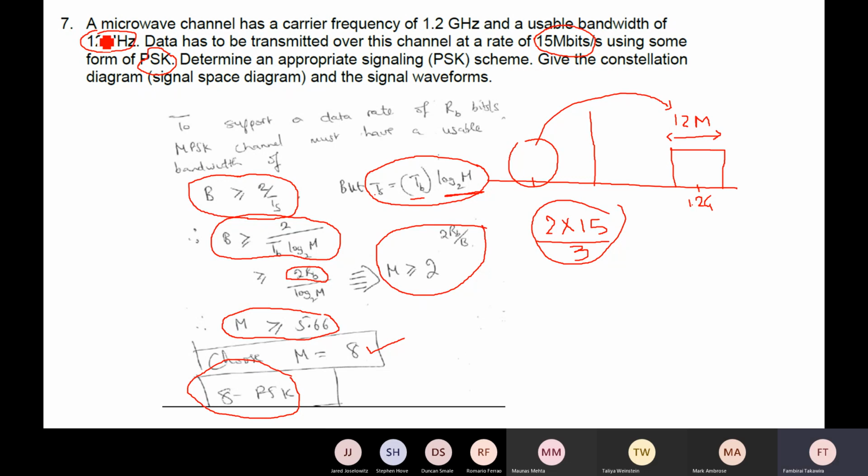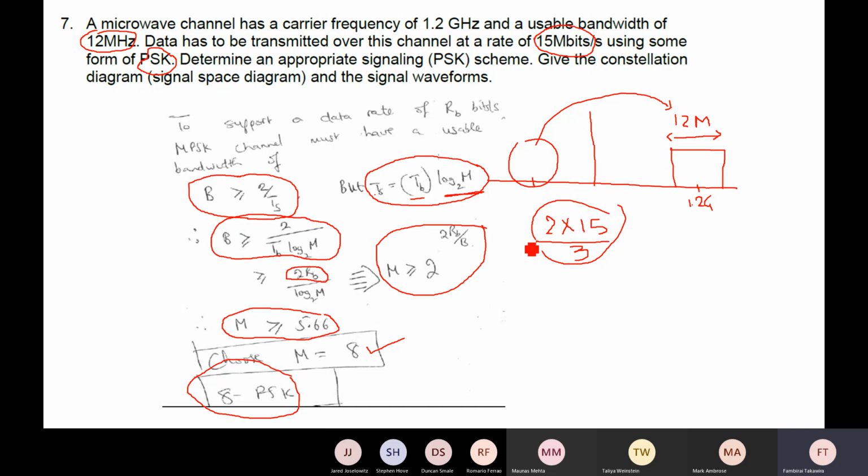If we had chosen an M of 4, then we would exceed the available bandwidth, because we would then have a required bandwidth of 2 times 15 divided by 2, which is 15 megahertz. Right? So the problem in this case was just simply to understand the relationship between the bit duration, symbol duration, and bandwidth.